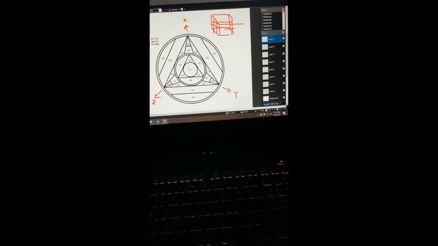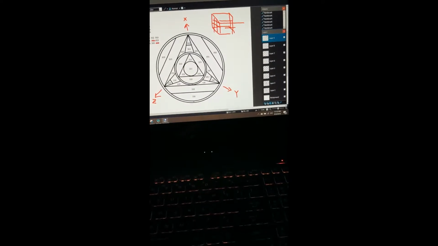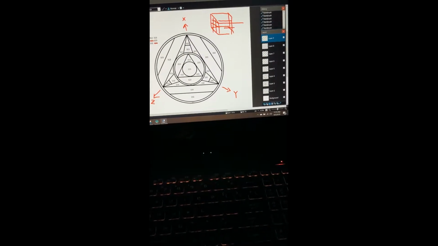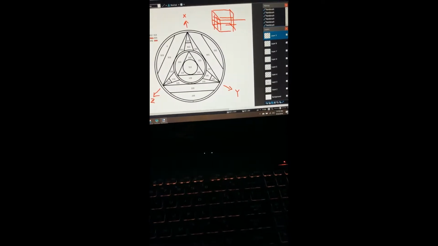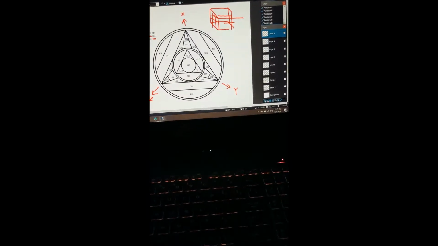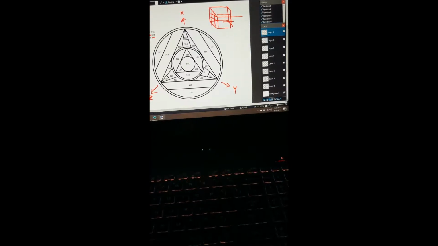Anyway, 1, 1, 1, 1, 2, 1, 1, 3, 1. Going up the y-axis now. 1, 3, 1. And then the y is now capped out at 3, so we're just on the bottom row.